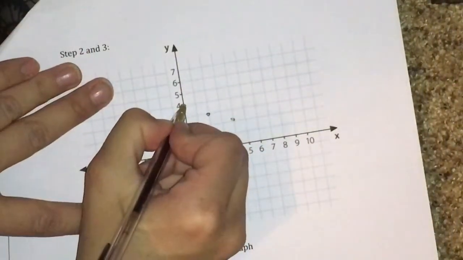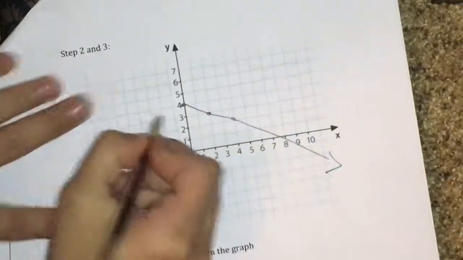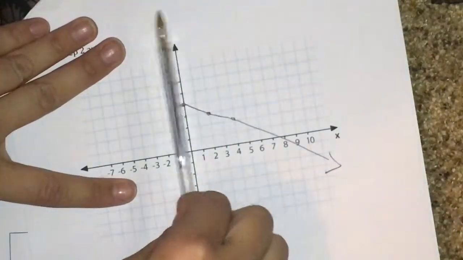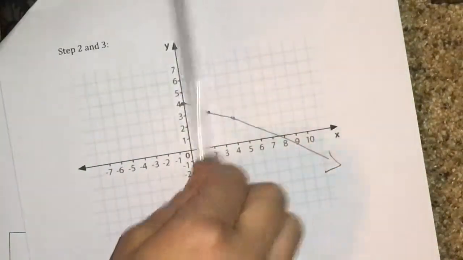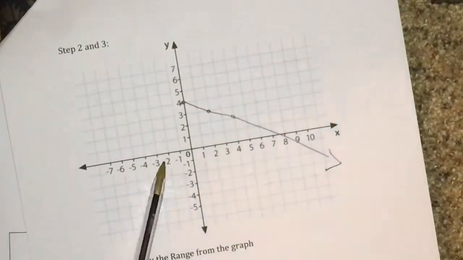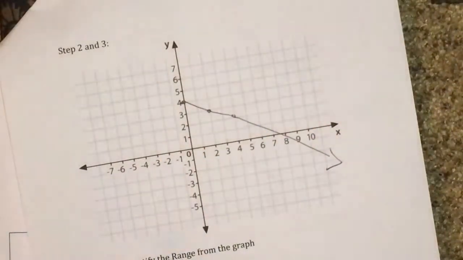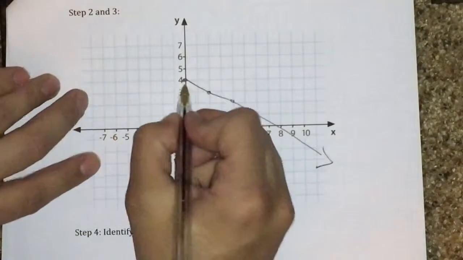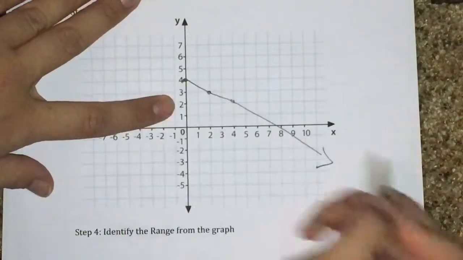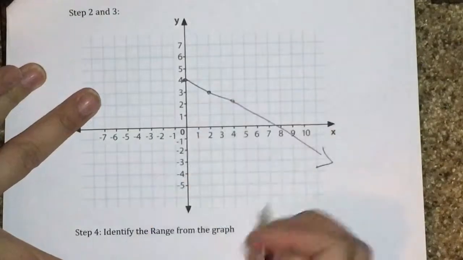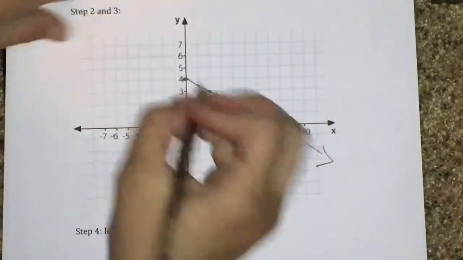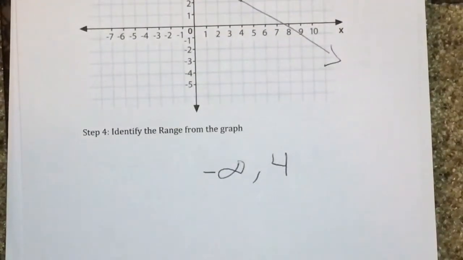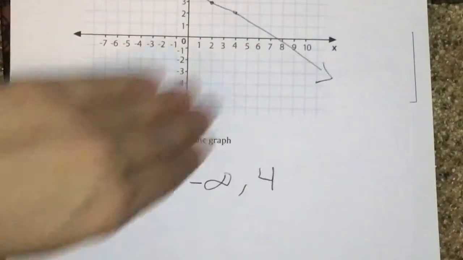When I connect my line, I'm not going to be going this way because remember, our domain only exists where x is greater than or equal to 0. Negative 1 is not greater than or equal to 0, nor are negative 2, negative 3, etc. Now we want to identify what is the range of this graph. Well, we can go from anywhere down here all the way up until, well, it looks like my graph is going to stop at 4. So it's going to be negative infinity to 4.